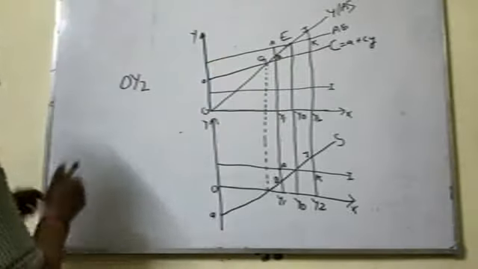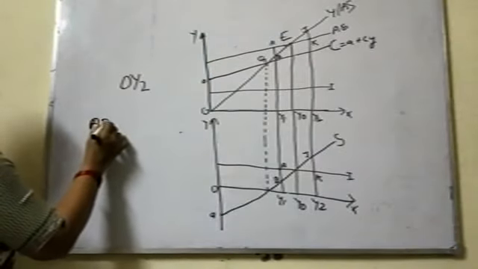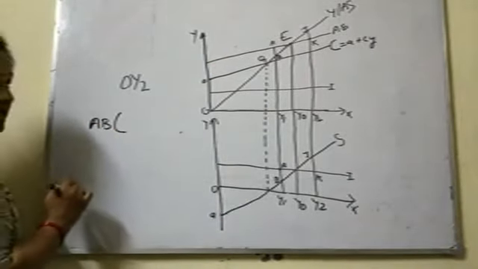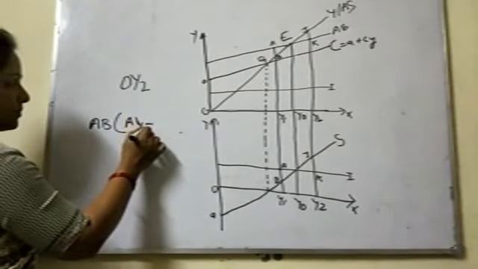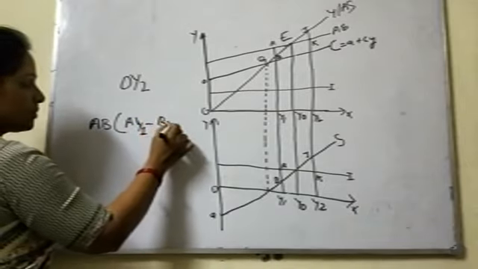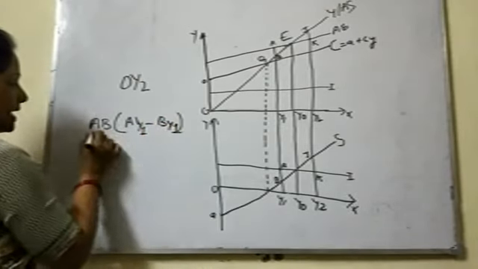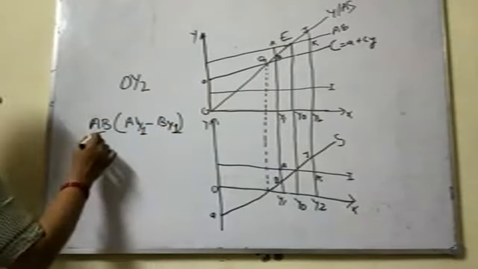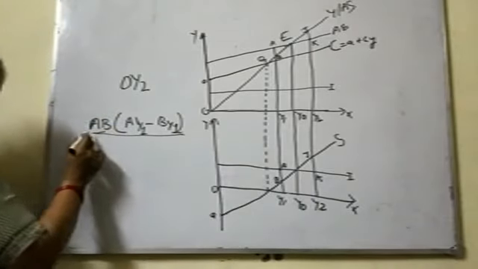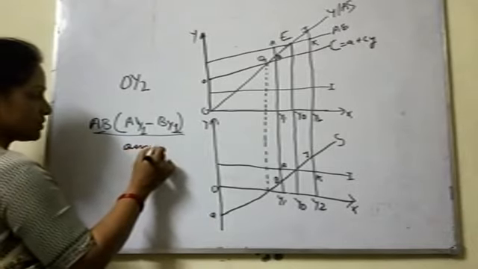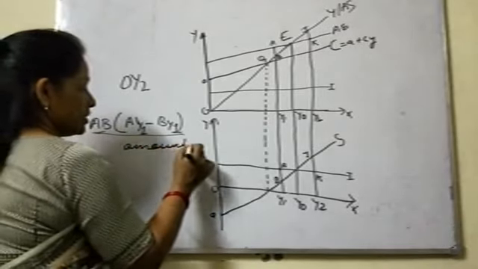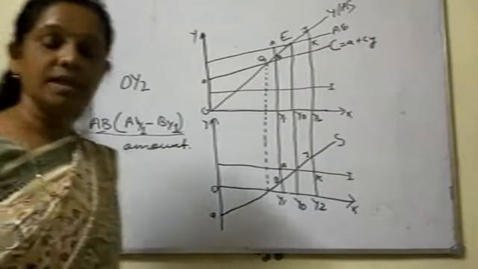By AB, and under bracket you will show how you are getting AB: AY1 minus BY1 is AB. After the bracket you will write amount. Full stop.